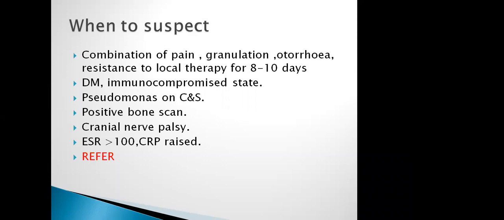If you go for culture and sensitivity, Pseudomonas may be seen, and a bone scan like gallium or technetium-67 may be positive. With associated cranial nerve palsy, if ESR is more than 100 and C-reactive protein is raised, always suspect malignant otitis externa and refer to a higher center.